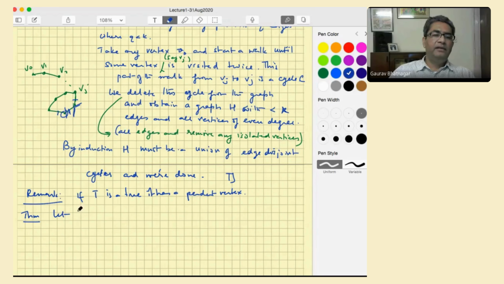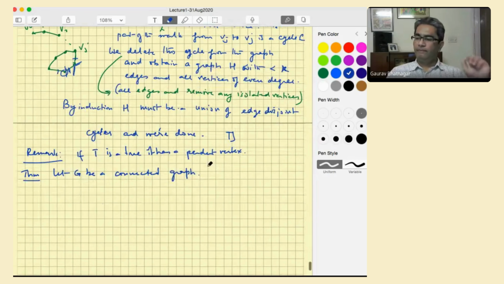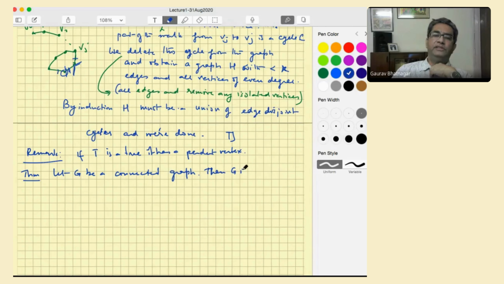So let G be a connected graph. Then G is Eulerian if and only if every vertex has even degree.